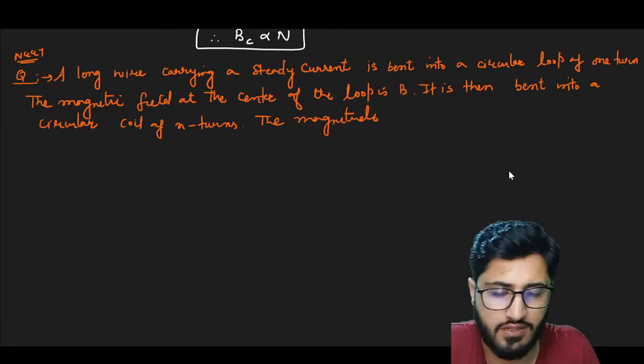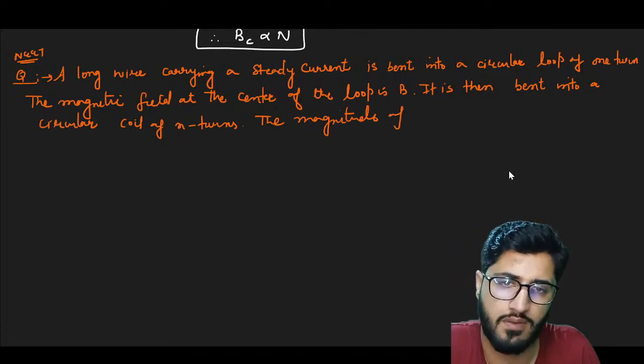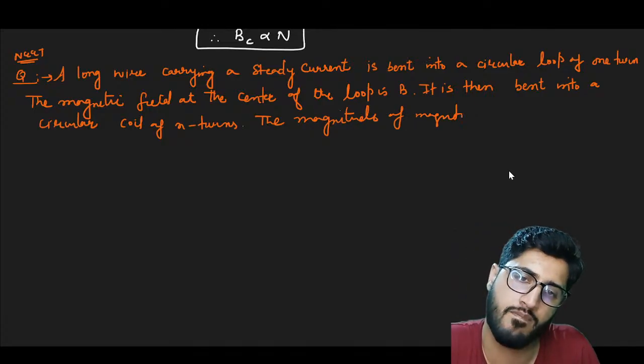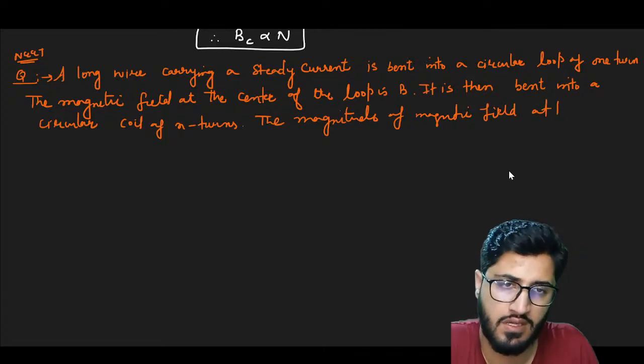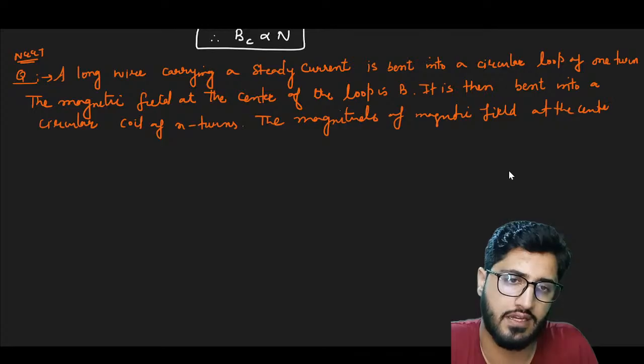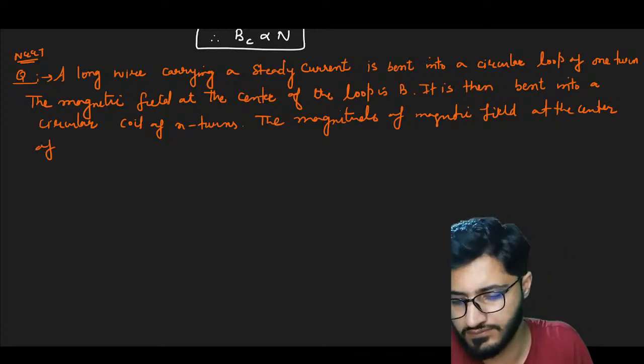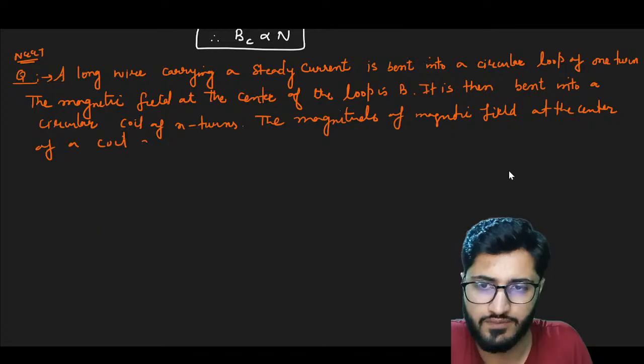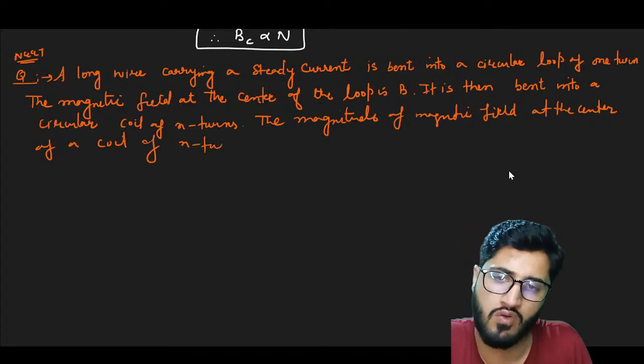The magnitude of the magnetic field at the center of a coil of N turns will be.